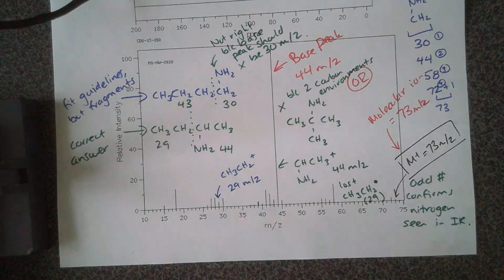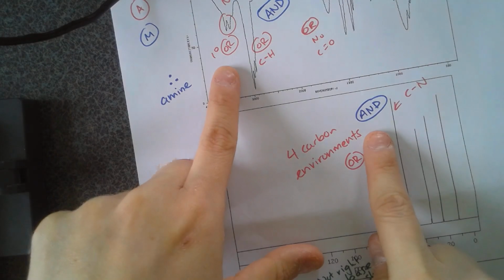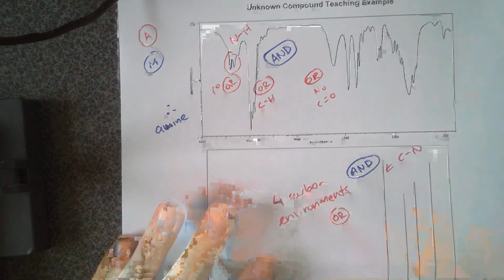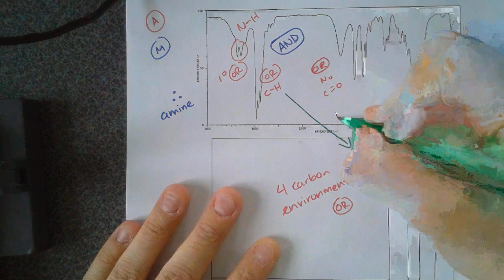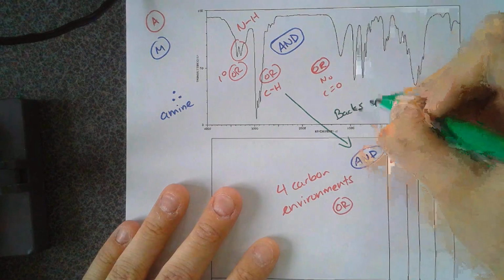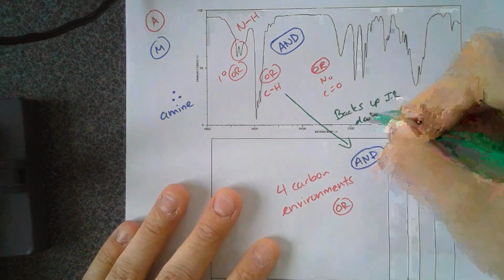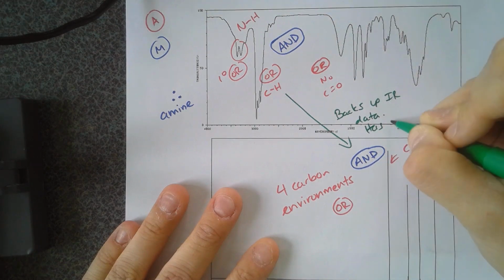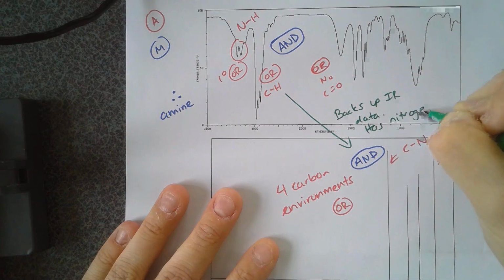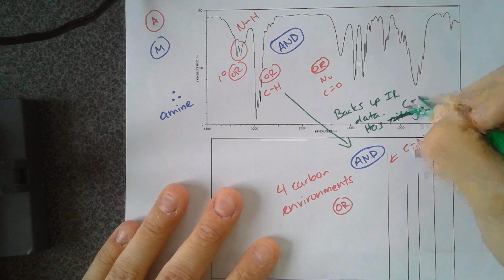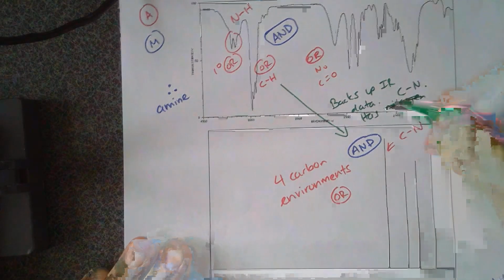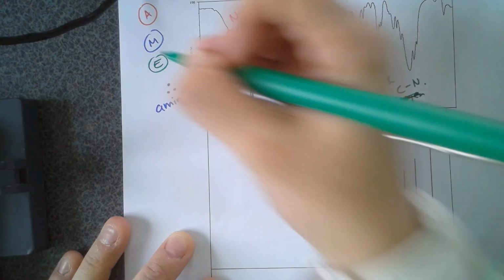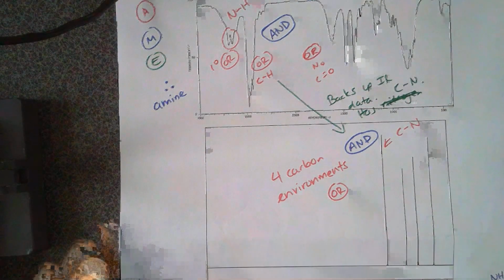So that's now me tying the spectras together. When I'm looking up here, I can tie these two together. So I can write down that this here backs up IR data. Actually, I should say has the CN. Okay? So for the excellence, I need to see that linking of the spectras.